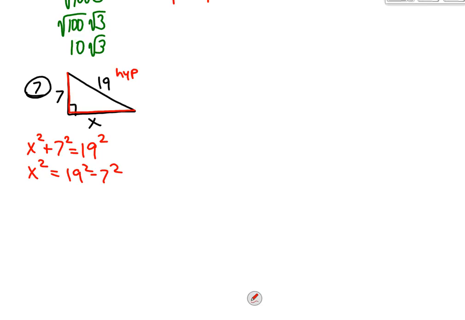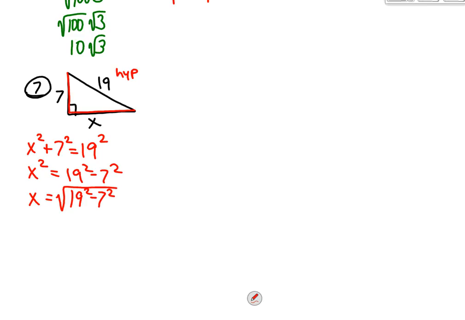And then to get x by itself without the squared, I'll square root each side, and so maybe I'll just write that in yellow for a moment. When I square root each side, the square root of x squared is just plain x, and then on the right-hand side, we'll have the square root of 19 squared minus 7 squared.